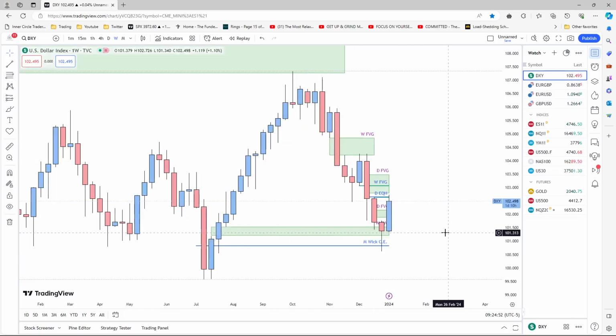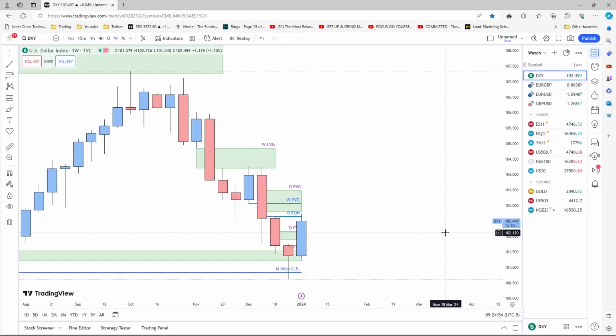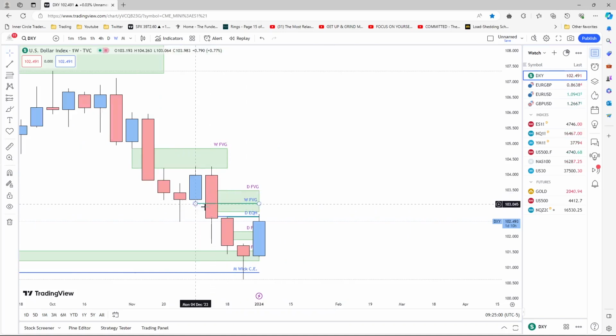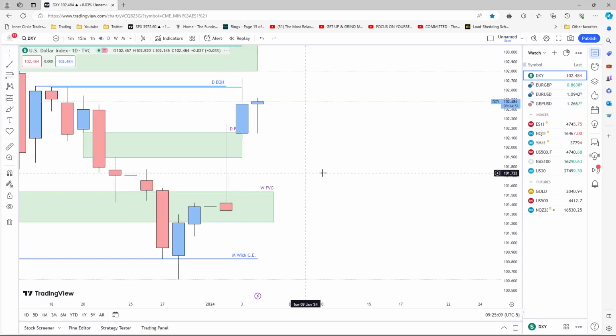So as far as current price action, I noted, let's go down. Before I go down, we have a weekly fair value gap over here, which is noted in the green line. Down to a daily.